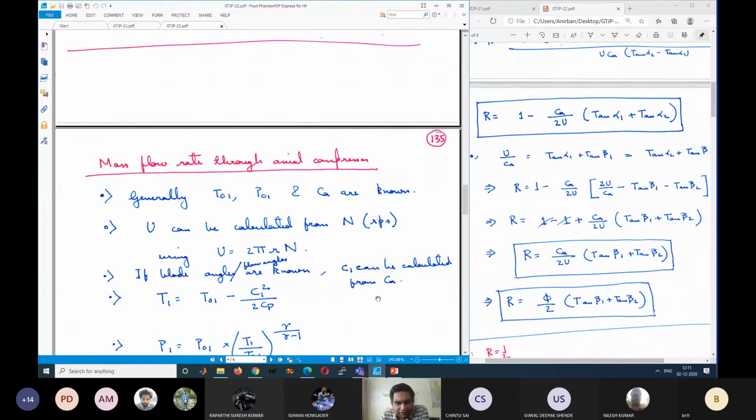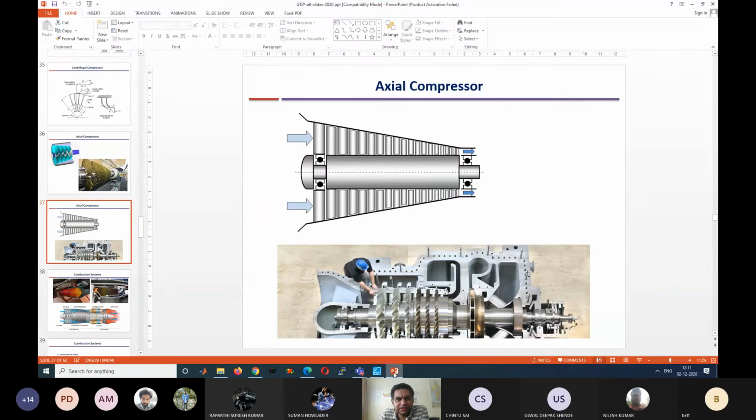So I wanted to let you know how to calculate the different things if some parameters at the inlet section are given. Whatever we have discussed till now, we have discussed with respect to a single stage. Single stage means blade diagram, blade velocity, change in velocity in the rotor and stator, pressure ratio, work input, degree of reaction.